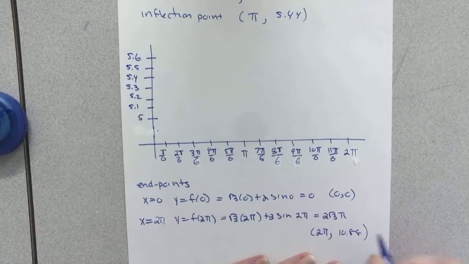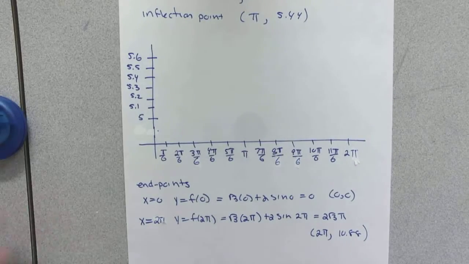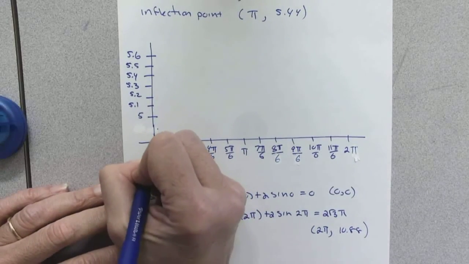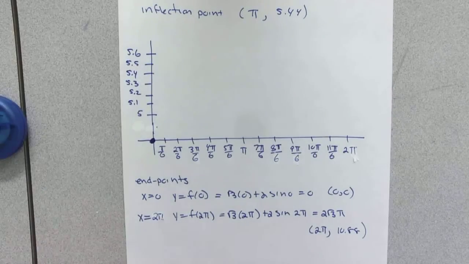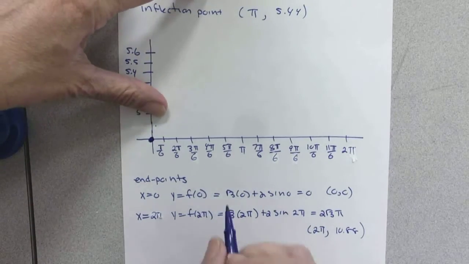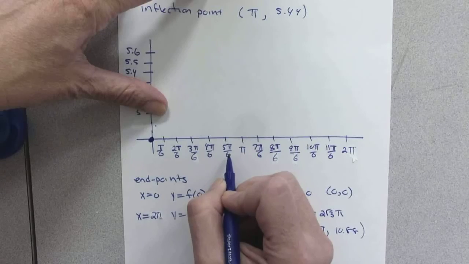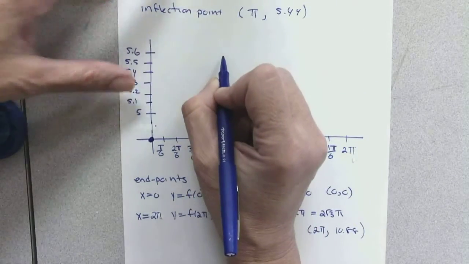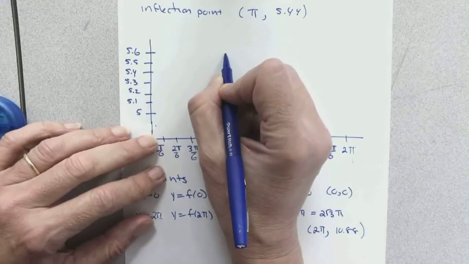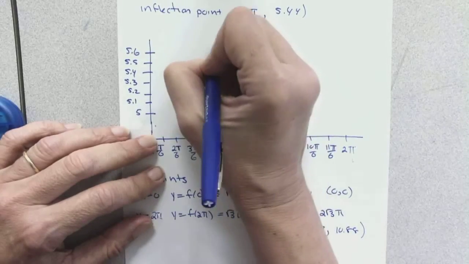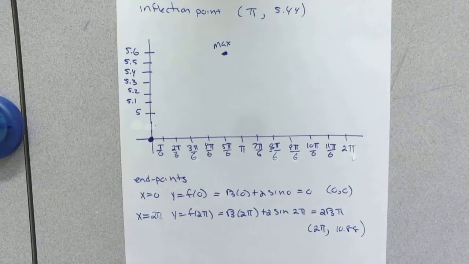So let's plot what we know. We have a point 0, 0. We have a point 5 pi over 6, 5.44, right about there, and we know that's a max.